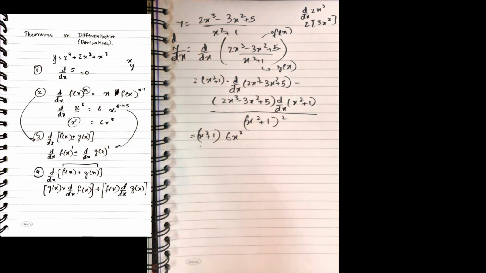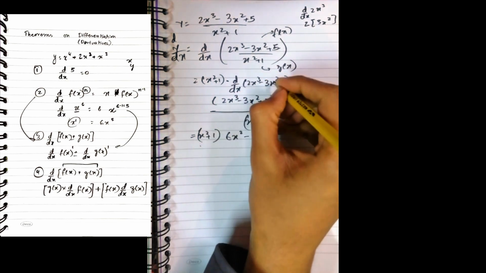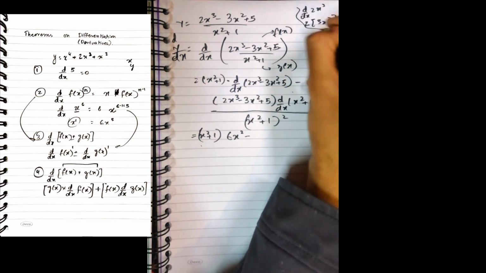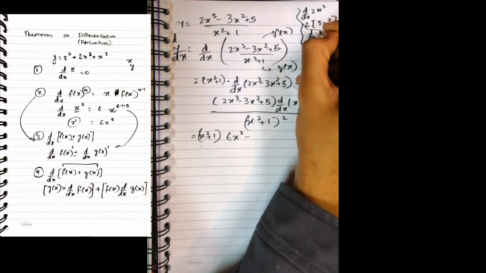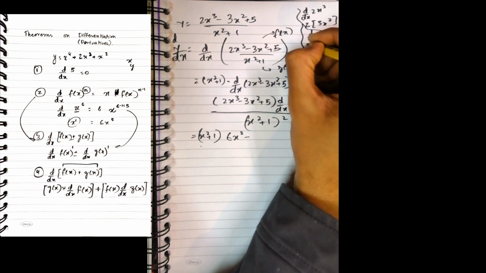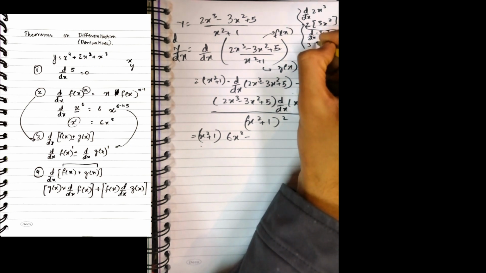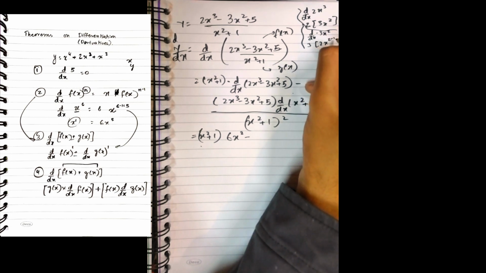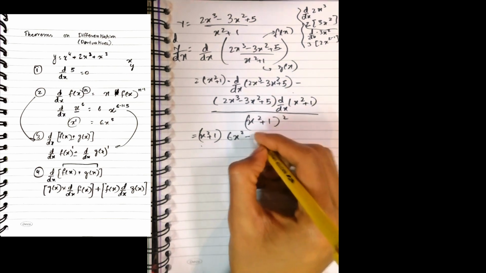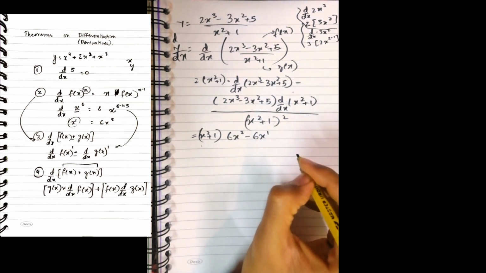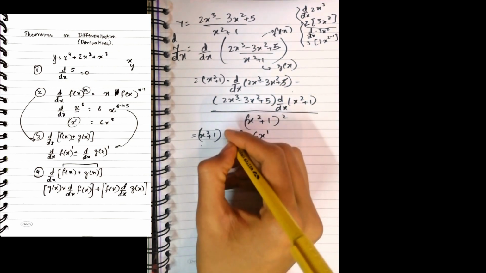Then we have minus 3x squared, so this is the same case. The differential is multiplied by 3x squared, so 3 stays in the first place. Then we have the exponent, variable, exponent minus 1. So 3 times 2 is 6, power 1, so 6x power 1. Now the 5 is a constant, so it is removed.